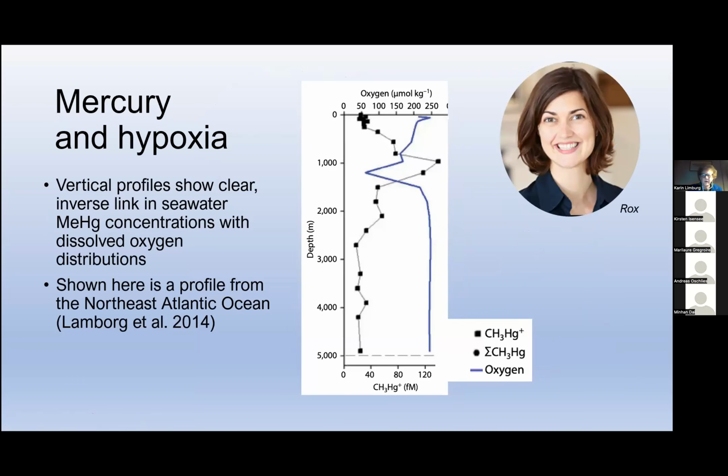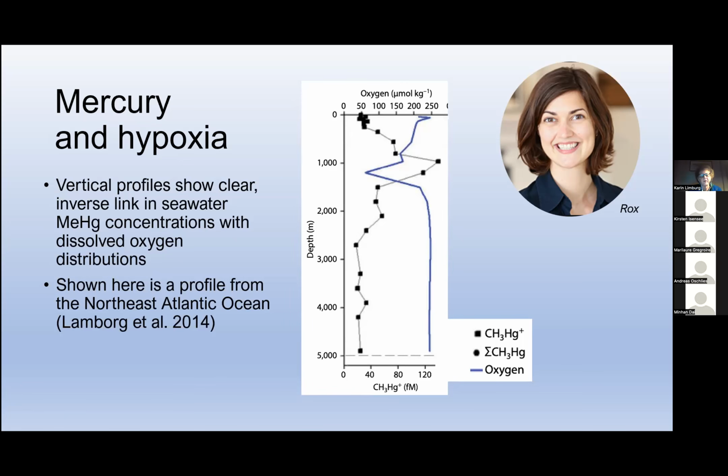We also have a partner, Roxanne Razavi, who is a mercury expert, and we're tying in this expertise with the fact that mercury becomes more bioavailable in anoxia. Anoxic conditions promote microbial communities that methylate mercury and actually make it more toxic.